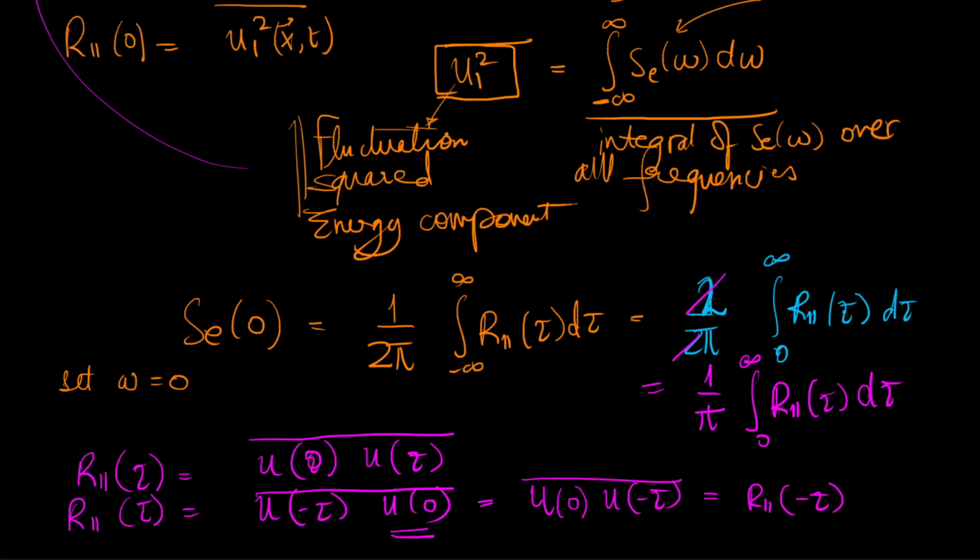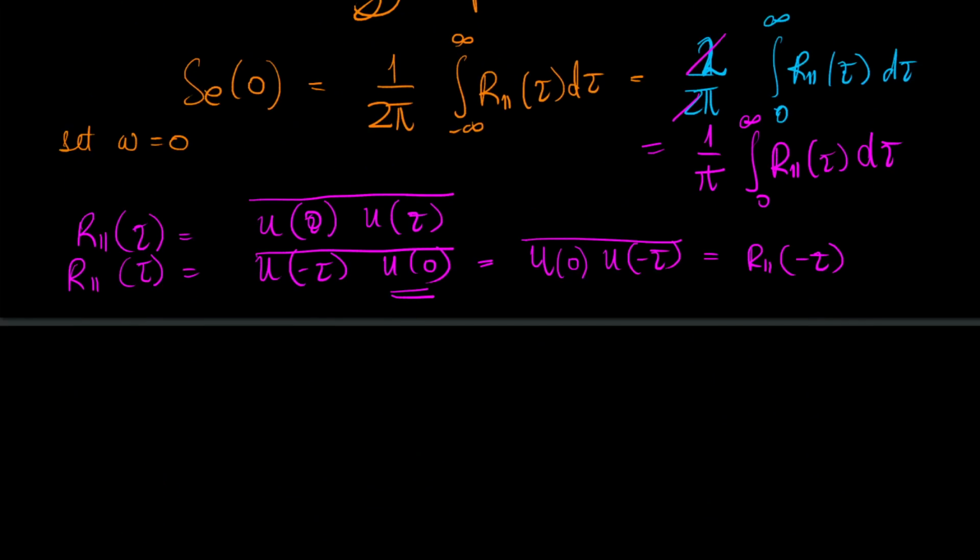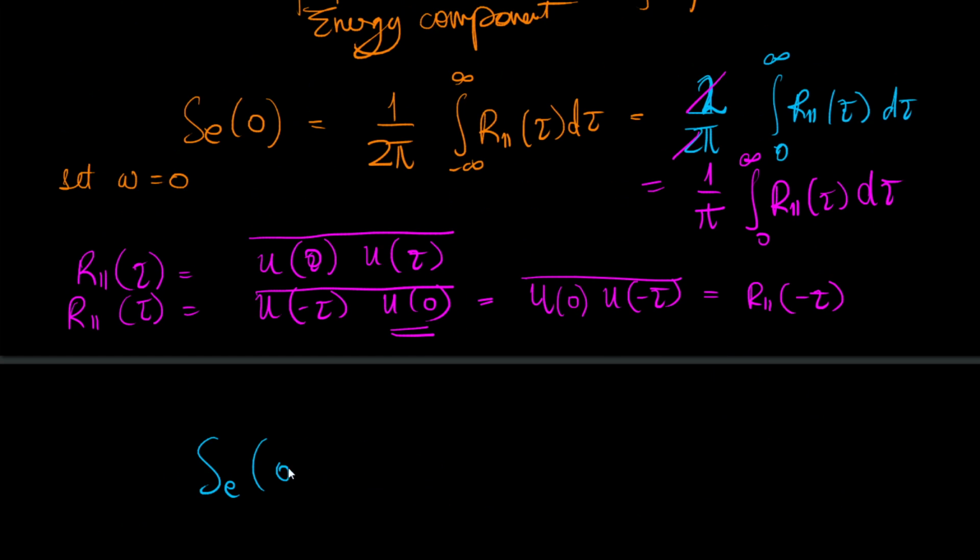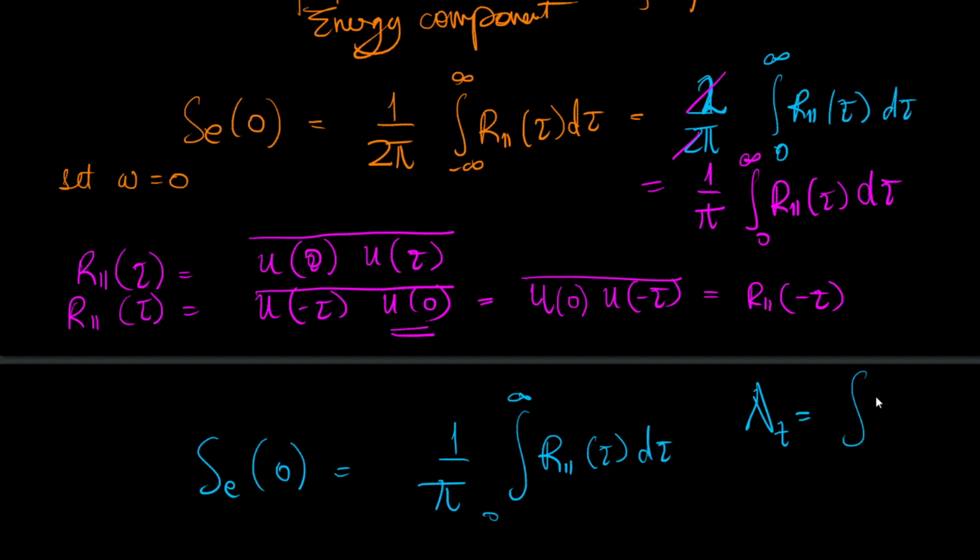And this entire thing, by its very definition, we can write in terms of the integral time scale. So Se of 0 is 1 over pi integral R11 tau d tau from 0 to infinity, but recall that the integral time scale is equal to the integral of R11 tau d tau from 0 to infinity upon R11 at 0.